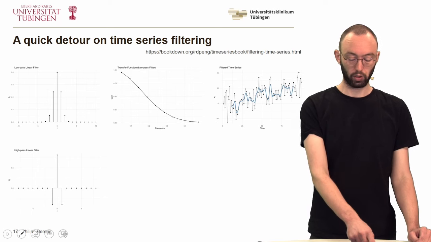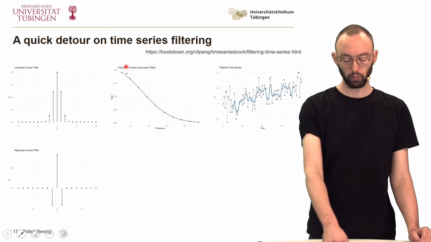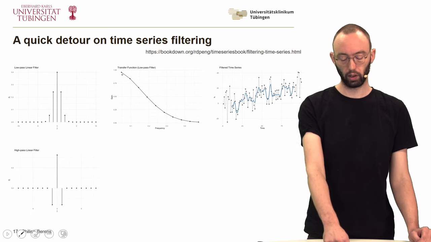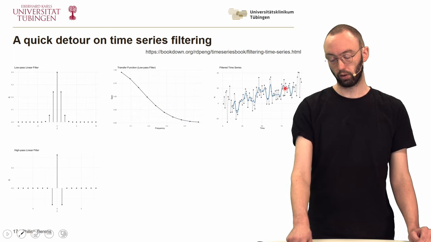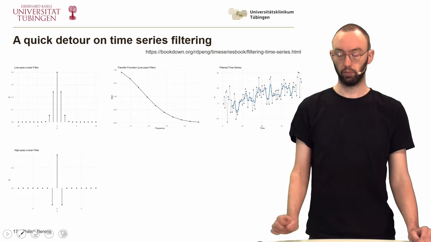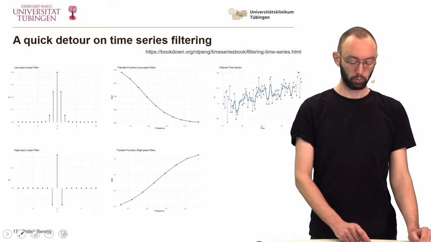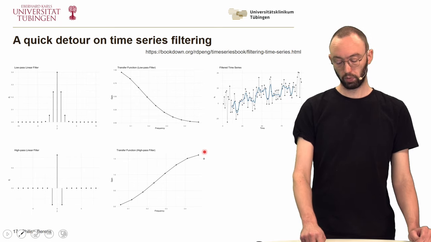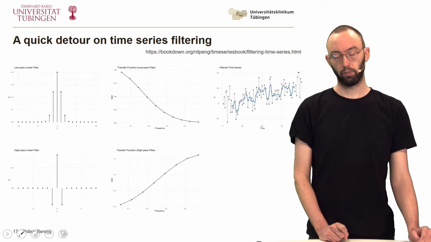So here we saw that the transfer function of the low pass filter keeps the low frequencies intact and removes the high frequencies. So just accentuating the low frequencies of the signal. In contrast, if we apply such a high pass filter, then we keep the high frequencies intact and attenuate the low frequencies.